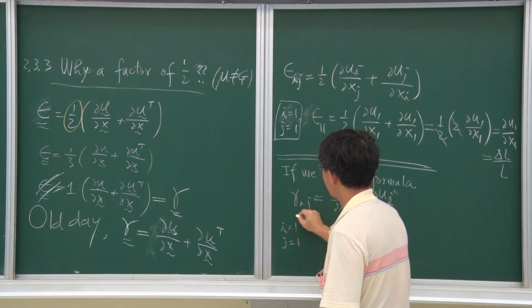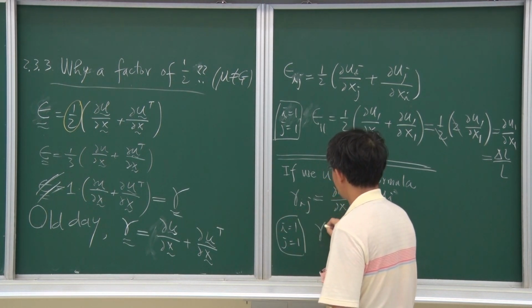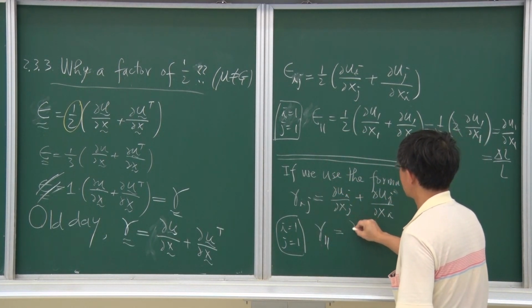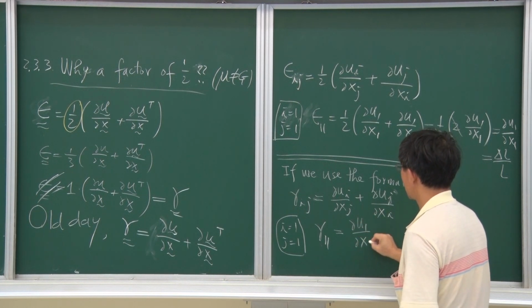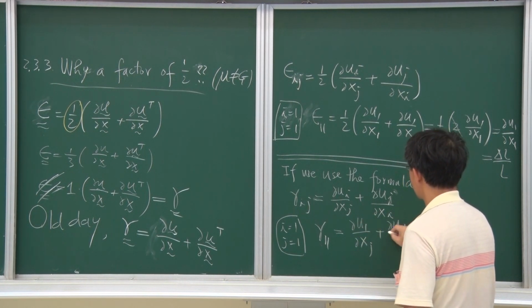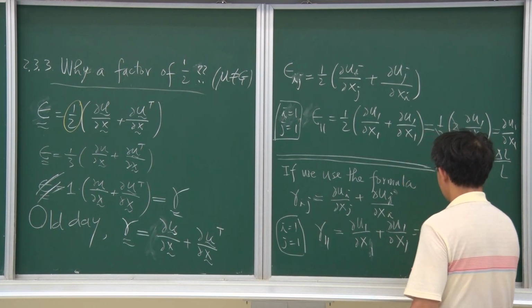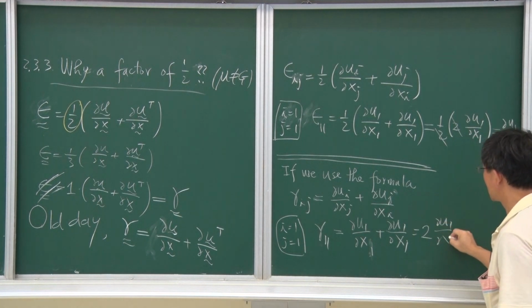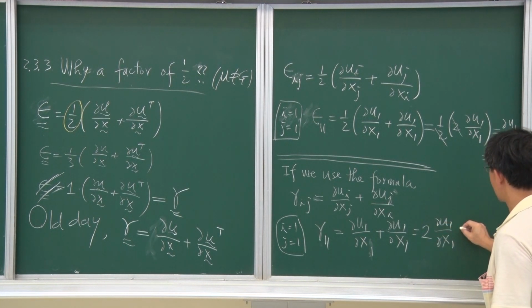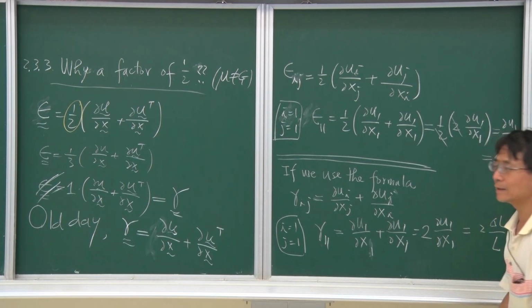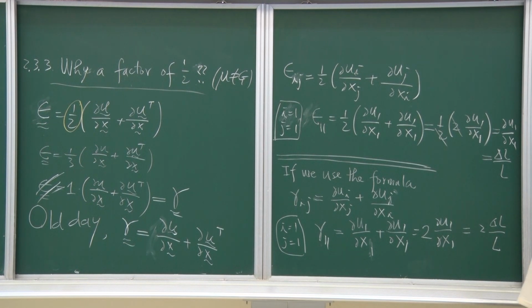Namely, in the one-dimensional case, we have lambda 1. Then it is inconsistent with the one-dimensional definition of strain.